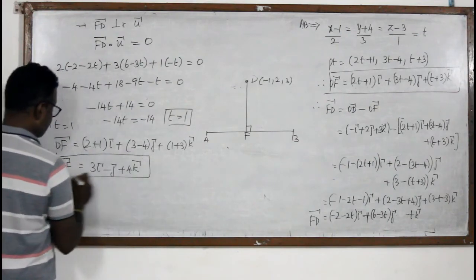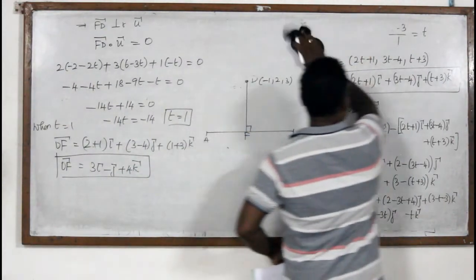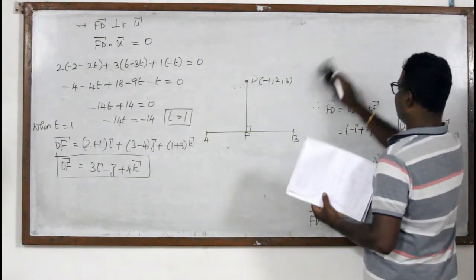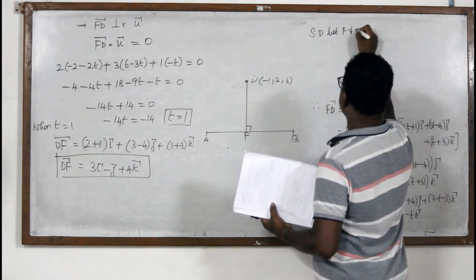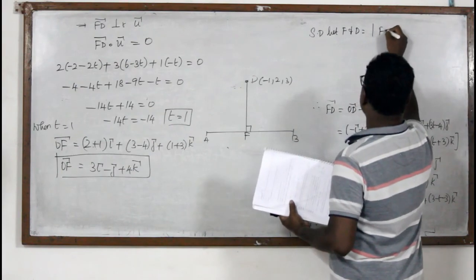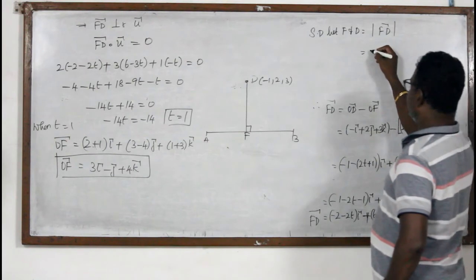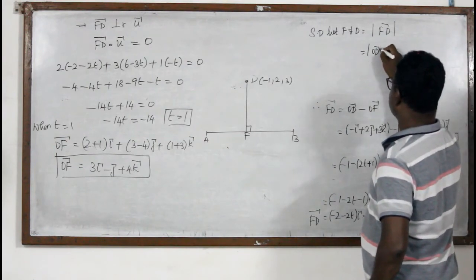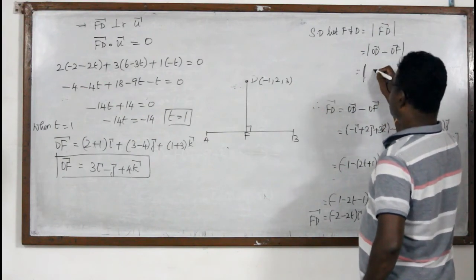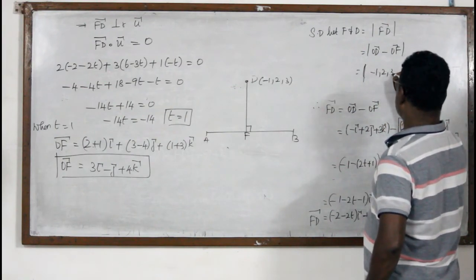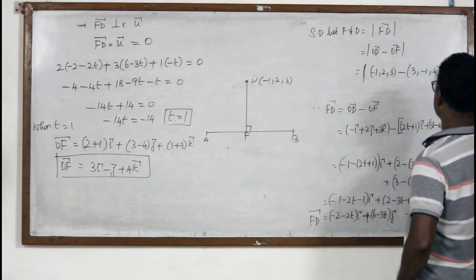Now what are they asking? They are asking for the distance between F and D. So I have to find the FD vector. The shortest distance between F and D is the modulus of the FD vector, because it is just the distance between these two points. FD vector means OD vector minus OF vector. OD is (minus 1, 2, 3) minus OF, which is (3, minus 1, 4).